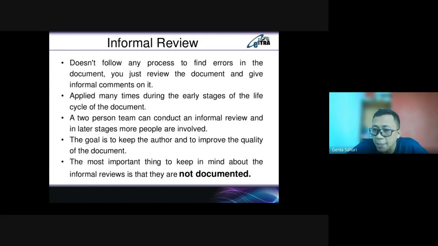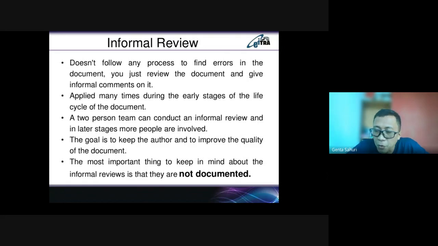It can be done repeatedly to get the highest quality of the document, to make the document more perfect, close to perfect. A two-person team can conduct an informal review, and in later stages more people are involved.